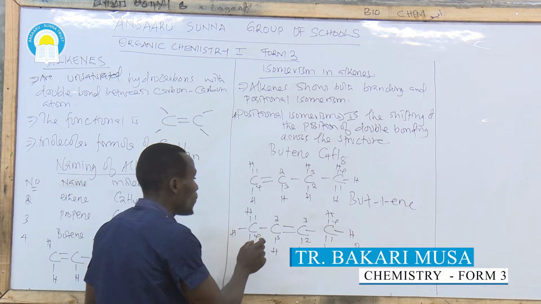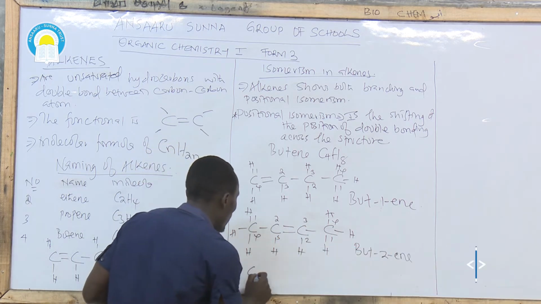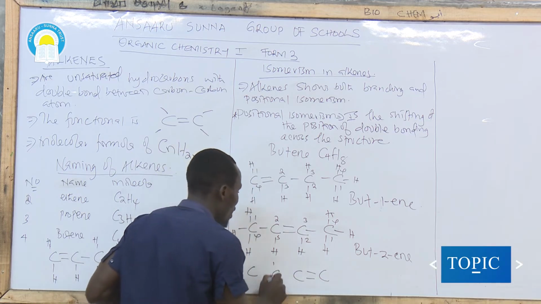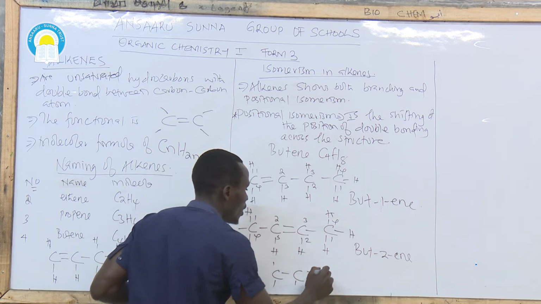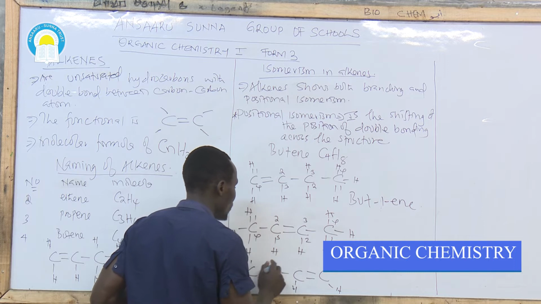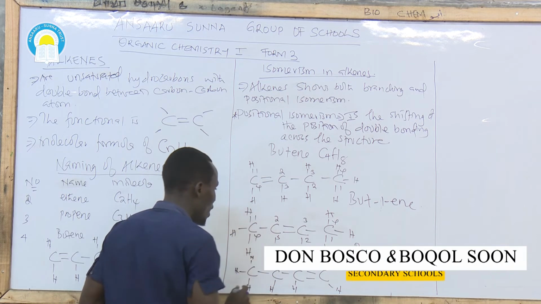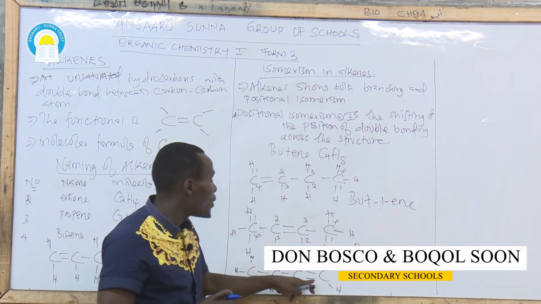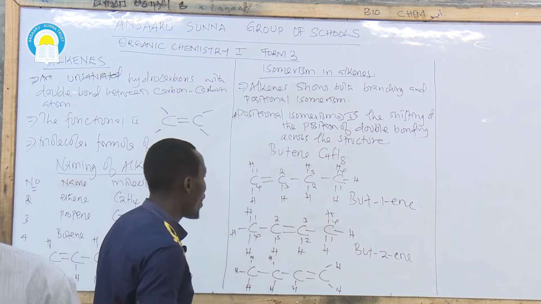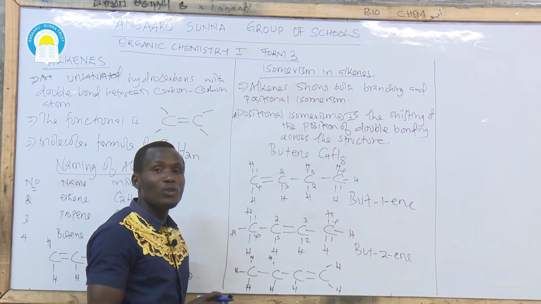But if we shift the position of the double bond and place it here, now we have 1, 2, 3, 4. We place the double bond there. Then we have those ones as hydrogen. There is going to be no difference between this structure and this structure here.